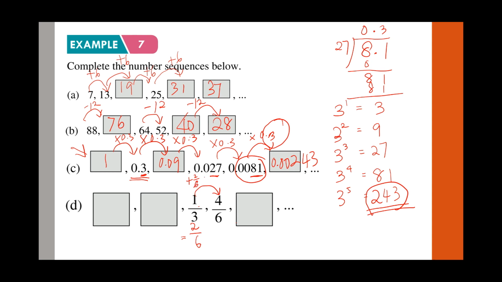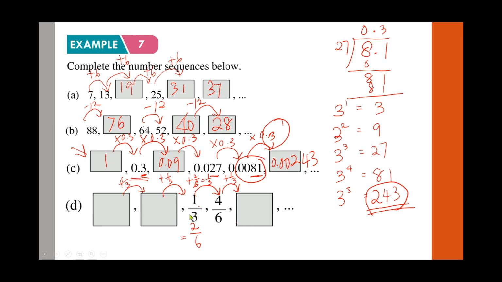Okay, but then the 2 over 6 over here can be simplified, becomes 1 over 3. Meaning each of these you plus 1 over 3, plus 1 over 3, plus 1 over 3. Okay, now we are going to look for the first answer here. Something plus 1 over 3 equal to 1 over 3. So what do you think is the answer here? 0.